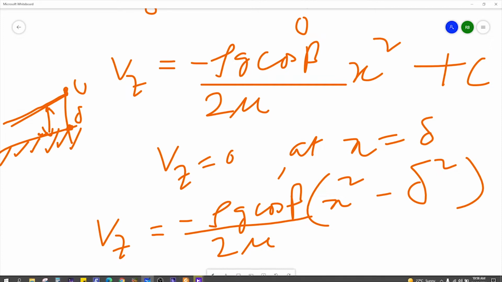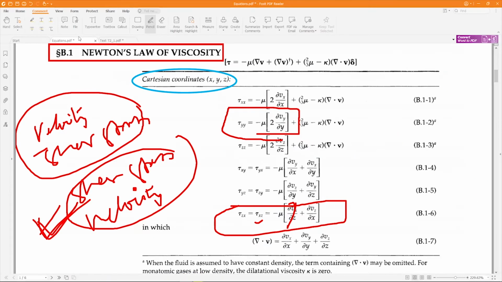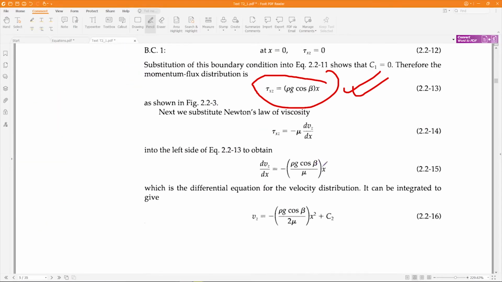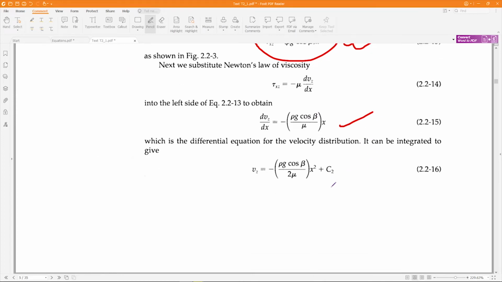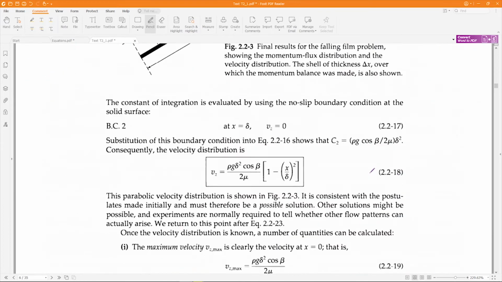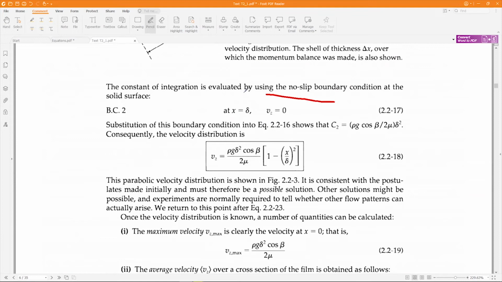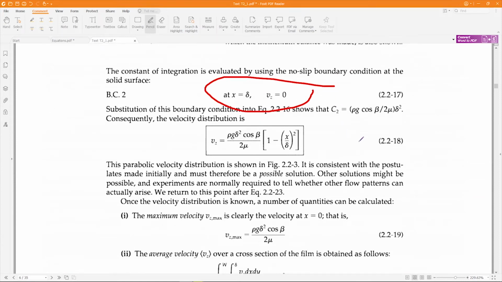If you see the previous formula, it has done the same thing. You have the constant of integration, and it has used the same boundary condition. So you can rearrange, right? So you'll get this. Okay. So you have got the velocity profile using the equation of motion.